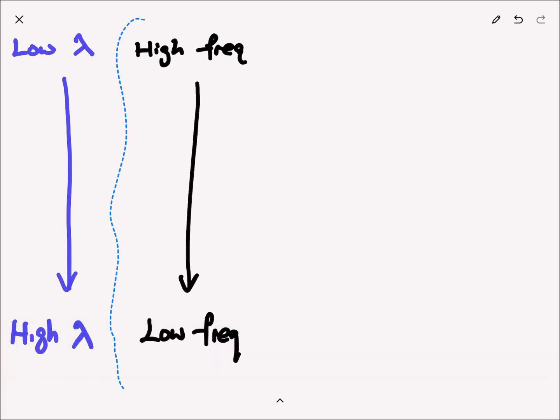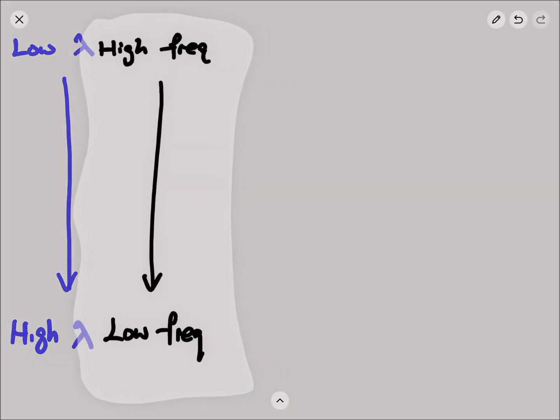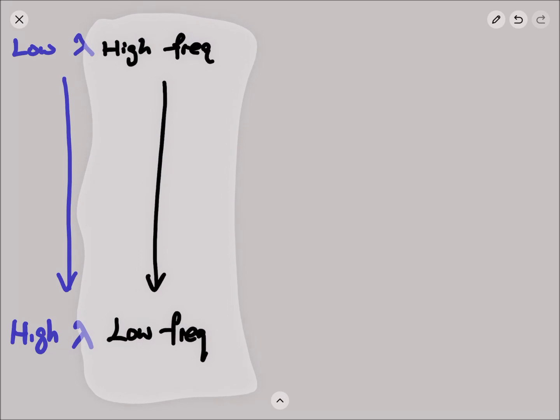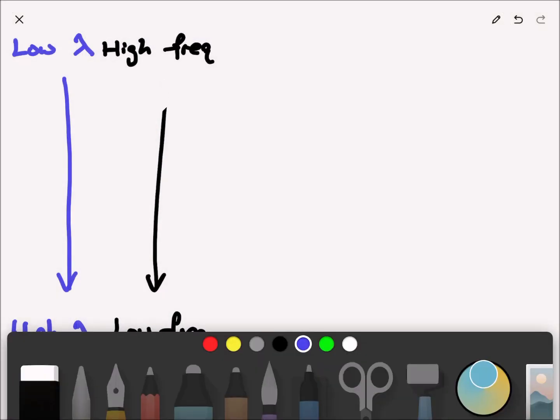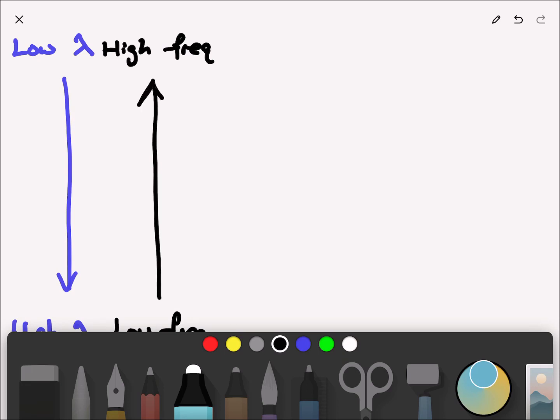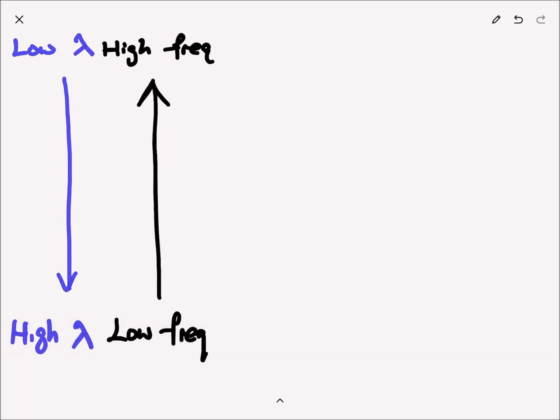Let's use the same arrow from low to high. The way I memorize it is a bit crude, but it is very easy to remember.